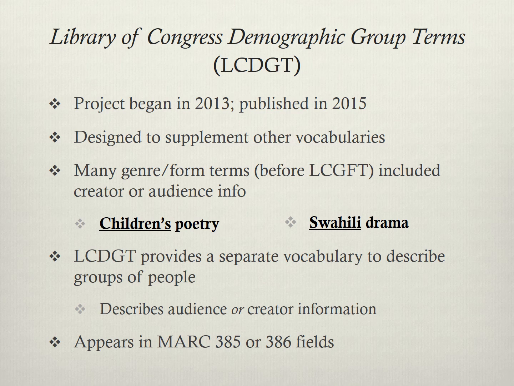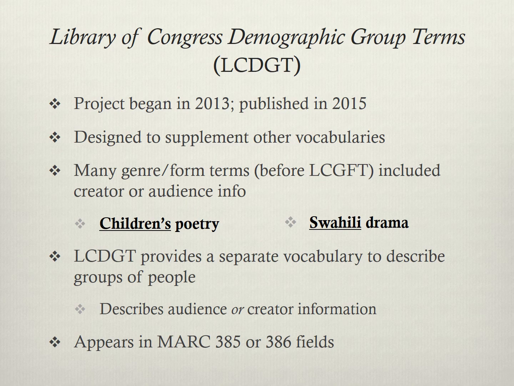Now, that example contains more than one demographic aspect. You have a nationality, Japanese, and you have an occupation, sailors. You can see a couple more examples on my slide here. Children's poetry includes a demographic group of children, and it includes poetry as a form. Same thing with Swahili drama.